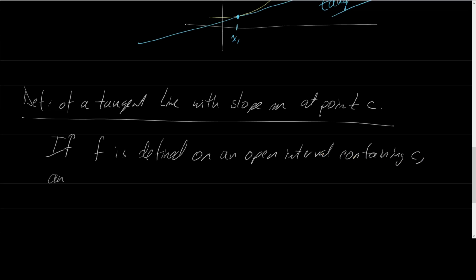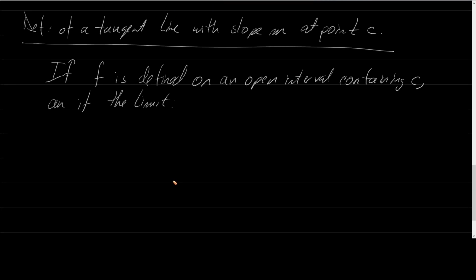and if the limit, this following limit, then I'm going to write here, if the limit, so limit as delta x goes to 0 of, well, I'm going to say delta y over delta x, right? Because that was our definition for the slope of a secant line.